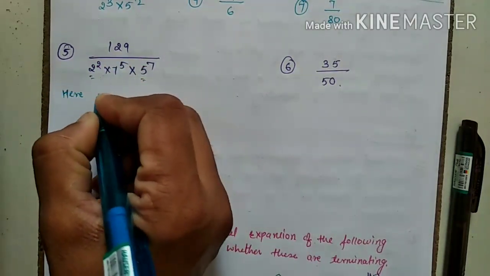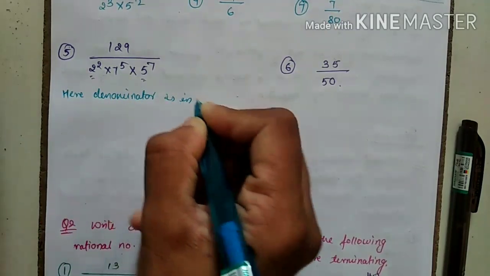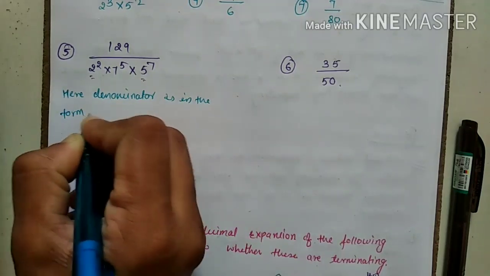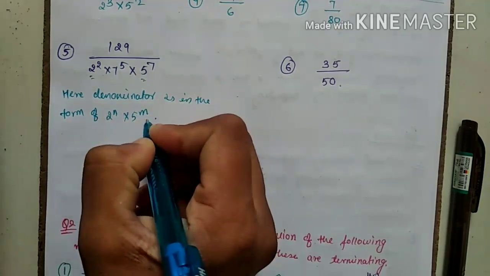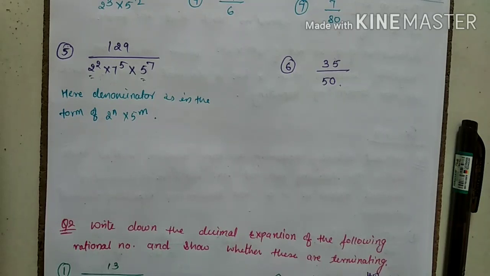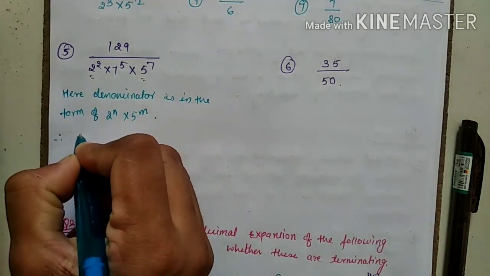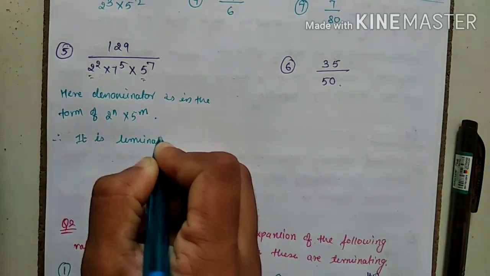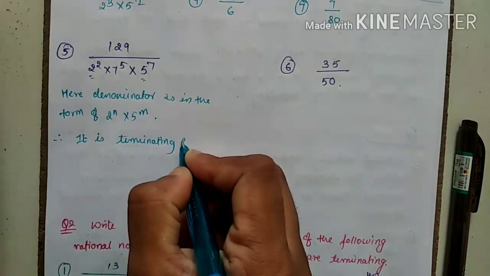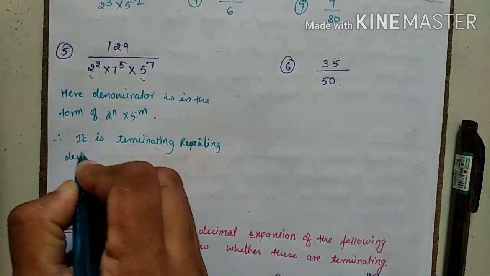Here the denominator is not in the form of 2 to the power n into 5 to the power n. Hence, it is a terminating repeating decimal expansion.